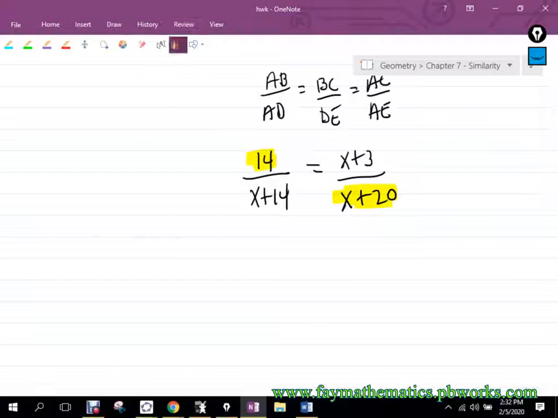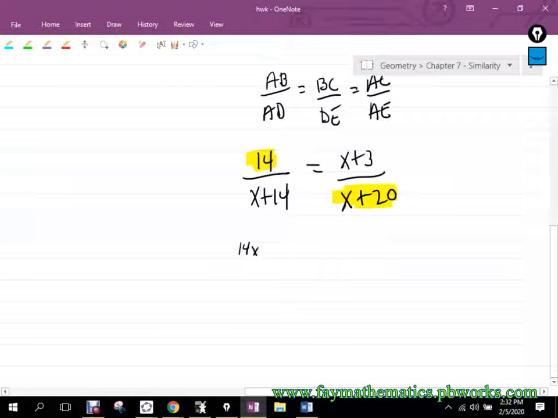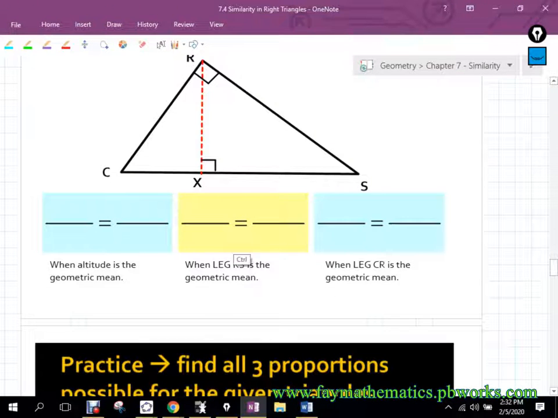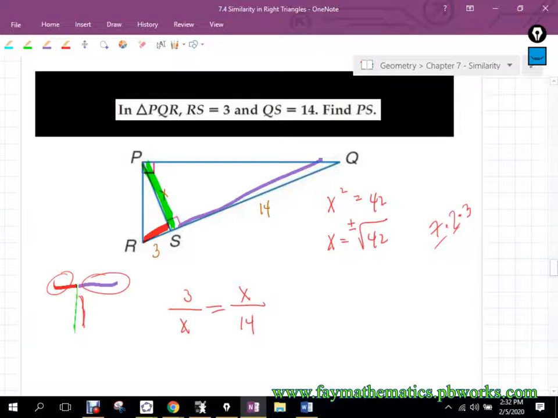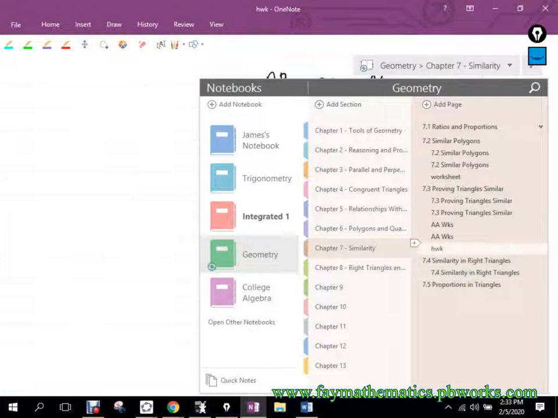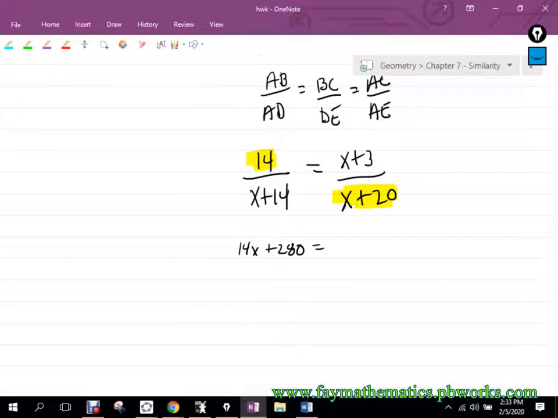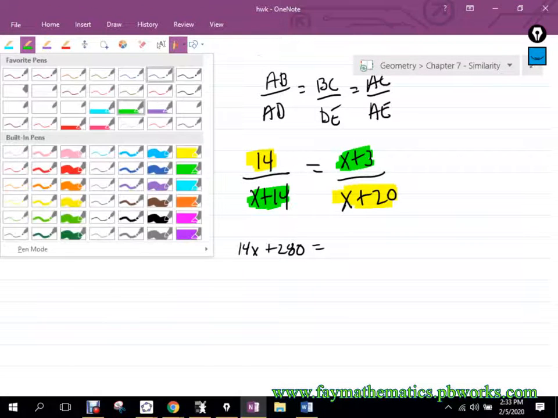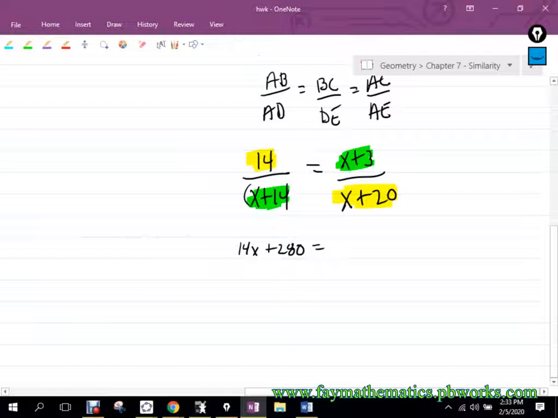If I cross multiply those two things, you should get 14x plus 280? And when I cross multiply my means, that's a binomial times a binomial, right?